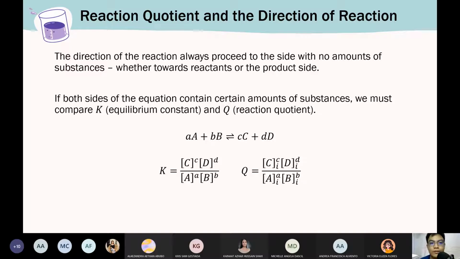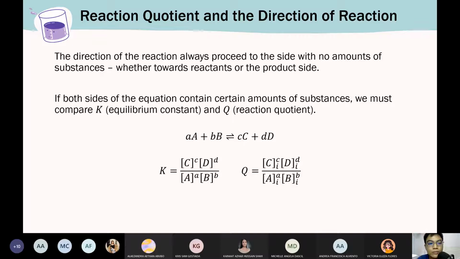So in order for us to know saan direction pupunta yung ating reaction, we need to determine the value of Q and contrast it with the value of K. Given your initial concentrations, we need to know Q, and then pag alam mo na si Q, i-compare mo siya kay K.